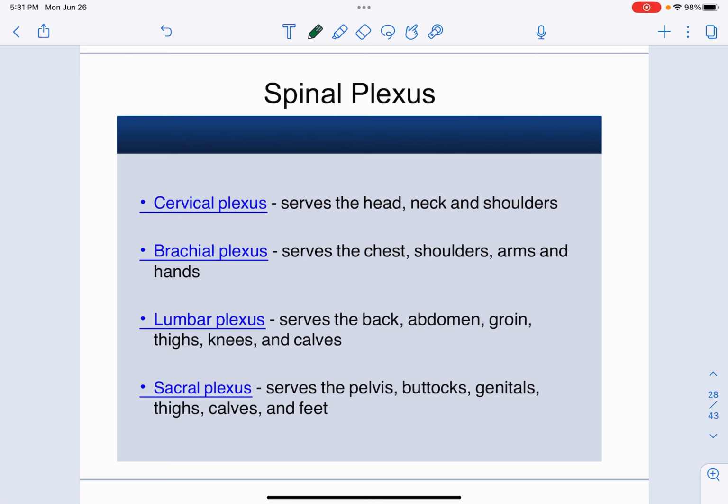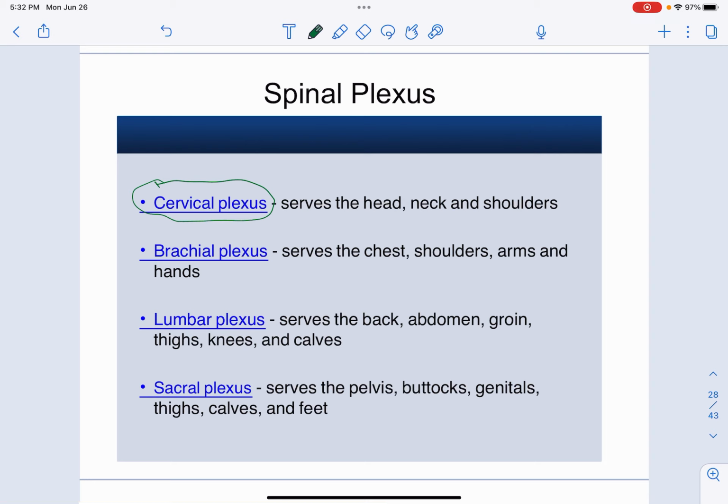So I definitely don't want you to memorize something like this, but just to understand that the plexuses in a particular area are going to serve the organs or the skin or the muscles that are in the area.